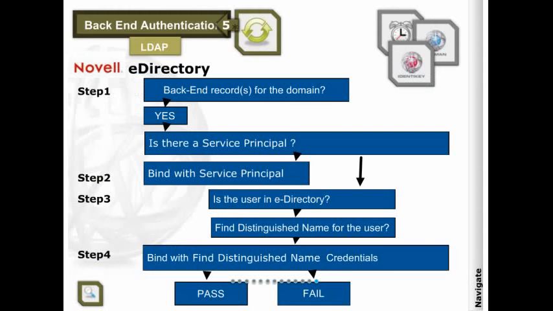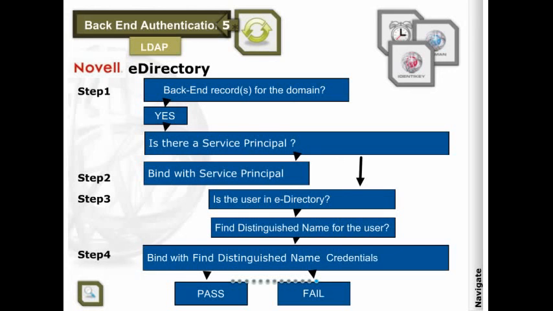Novell eDirectory must be version 8.7 or higher and must be enabled with universal password. The steps in backend authentication for Novell eDirectory are: Step 1. Identify the eDirectory server based on the eDirectory backend entries in Identikey server. Step 2. Bind to eDirectory using the security principal DN and password defined for the eDirectory backend if principal details are specified.